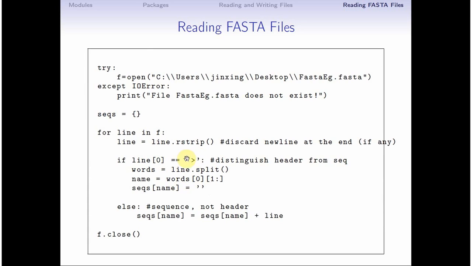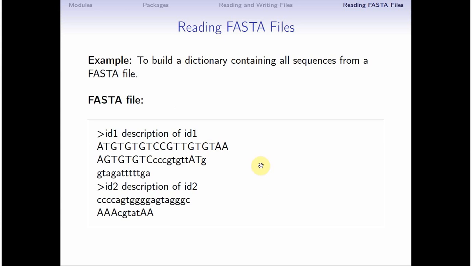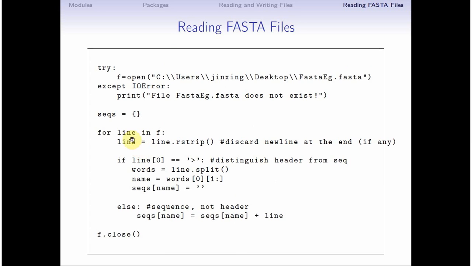If it is like that, then for example, this is the first one. After that, for line, the second line, strip again. The function has done this line already, so it goes to the next line. Does it start with the arrow? It doesn't. So else, it is a sequence, not a header.